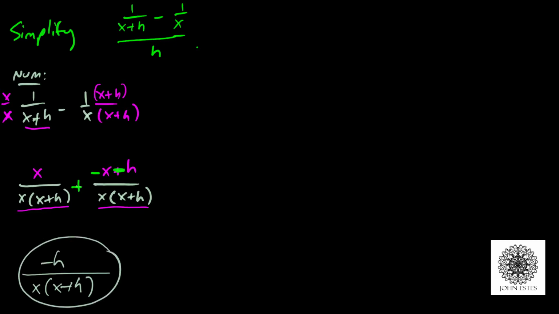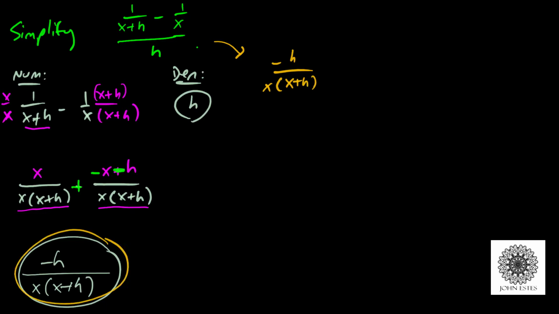That's my new numerator. Now the denominator, there's not really much to do there, it's just h. So my expression becomes negative h over x times x plus h, divided by the new denominator, which was the same as the old one, h.